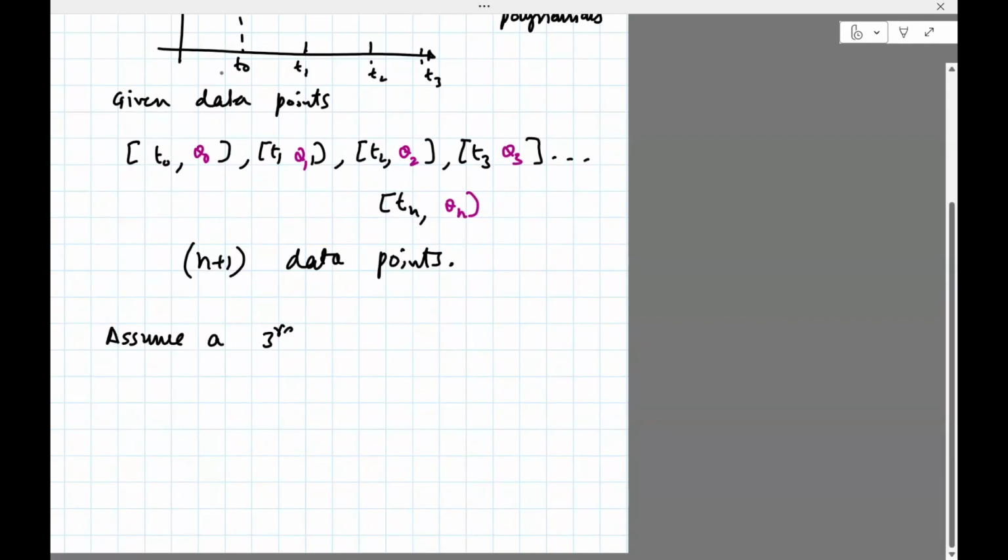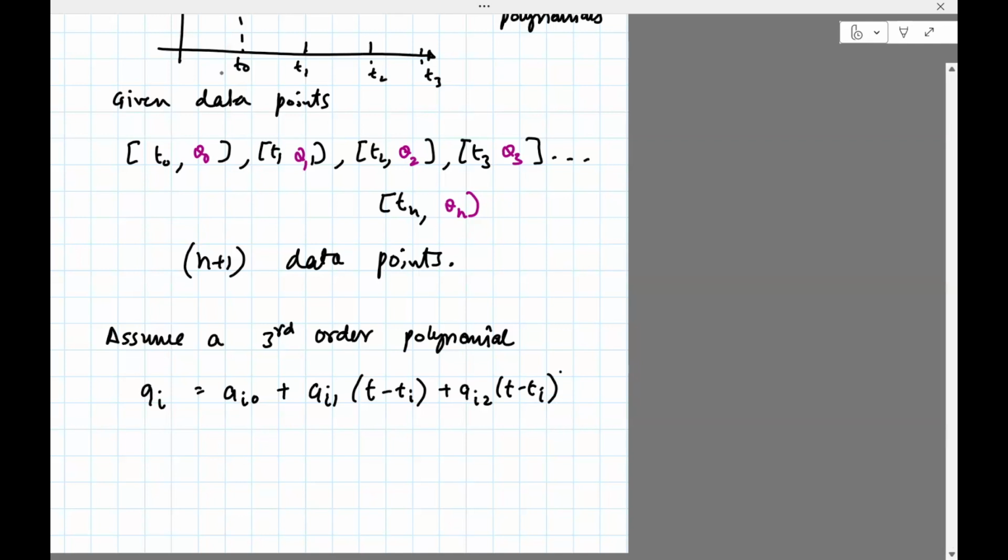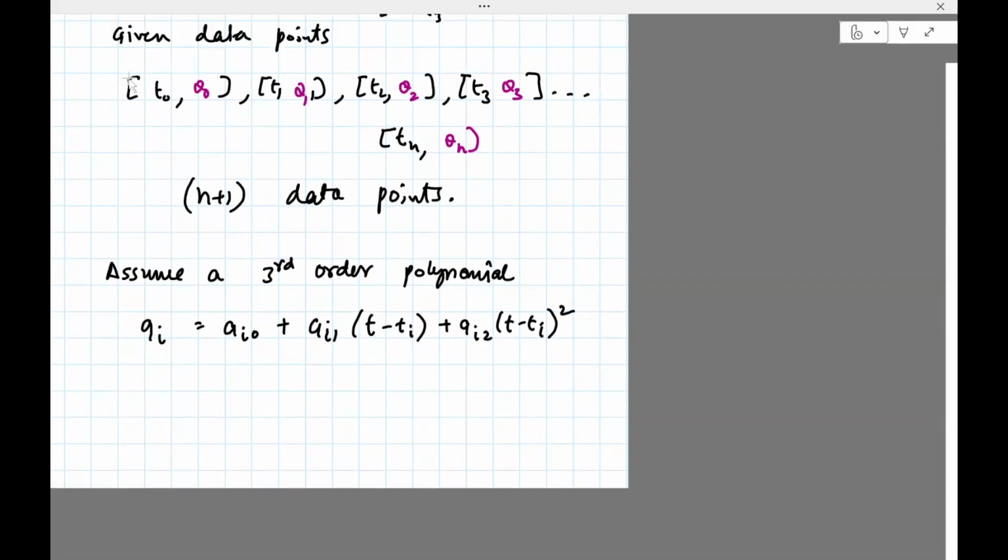Okay, so this is what we'll do. Assume a third order polynomial. Let's call that Qi, and let's say that it is ai0 plus ai1. Now, instead of specifying it as t plus so on, we'll write it as (t minus ti) plus ai2, and so on.